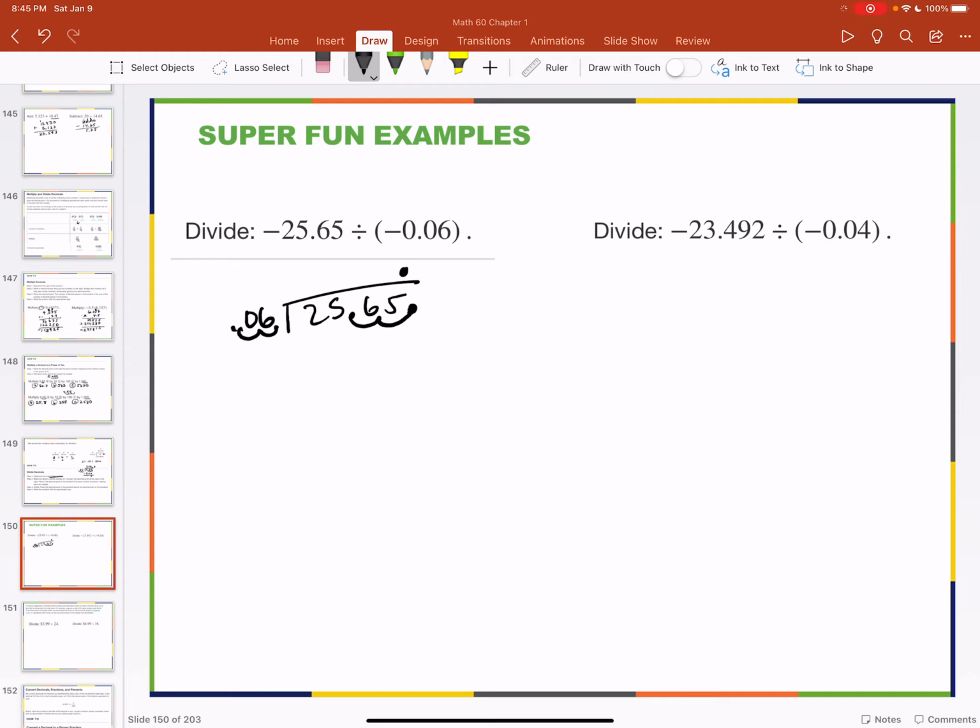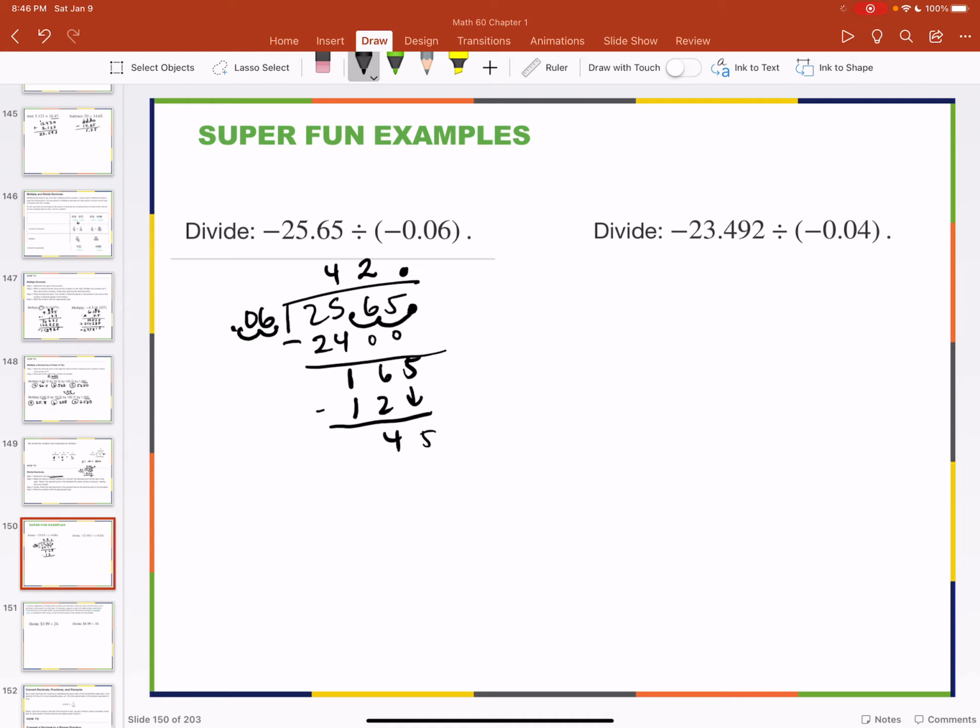So what I'm really doing is taking 6 and dividing it into 2,565. 6 goes into 25 4 times. 4 times 6 is 24. Bring that down, remember this is as if it was zeros, and we subtract. That's 1. Bring down the 5. How many times does 6 go into 16? At least twice, so that's 12. We bring this down, a 4 and a 5.